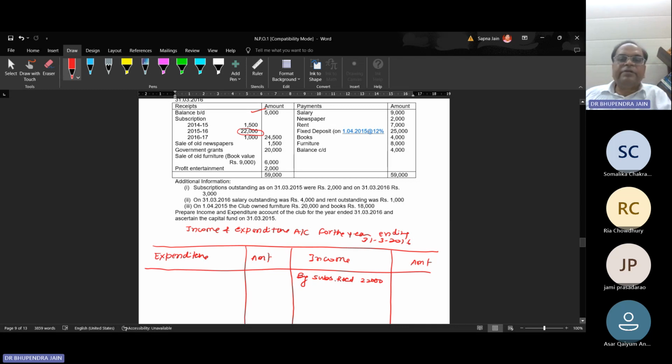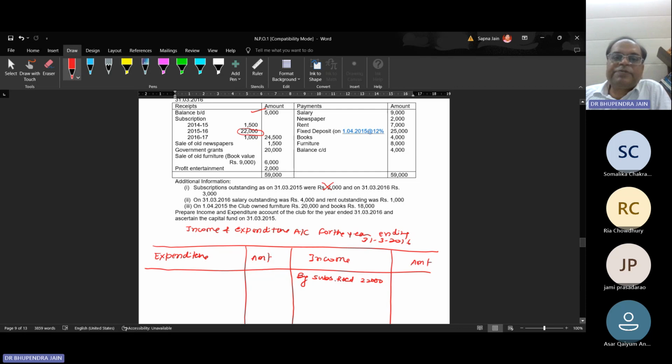Subscription outstanding as on 31st March 2015 was rupees 20,000. But we will never consider it if this type of statement is given in the question. If it is written that subscription includes or subscription receipts, then we consider the outstanding for the previous year and outstanding for the current year.